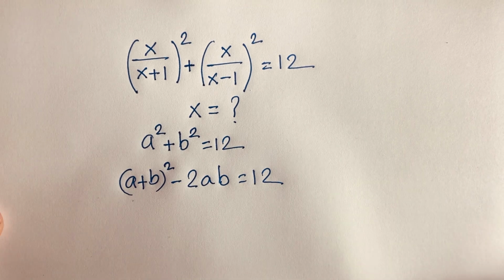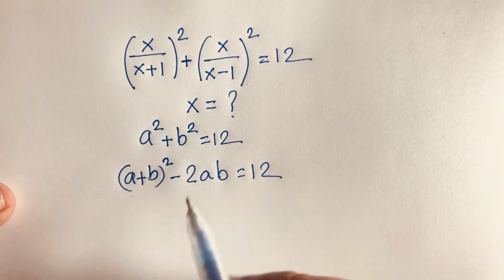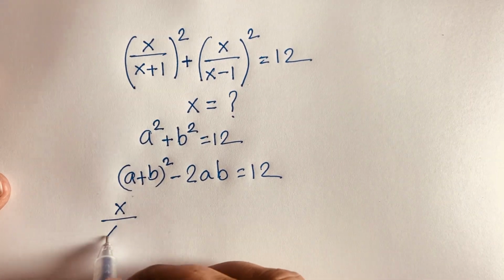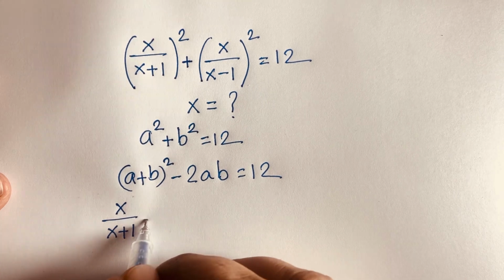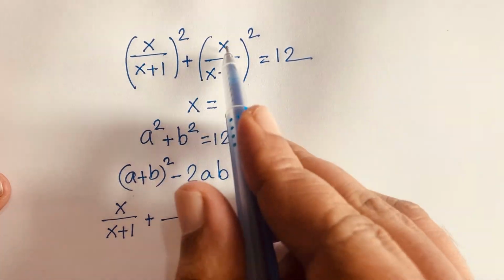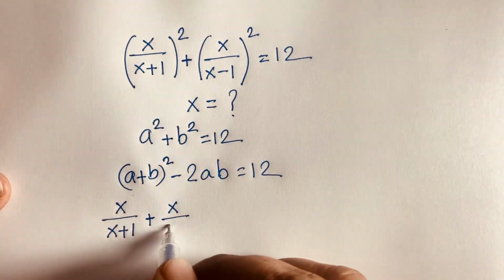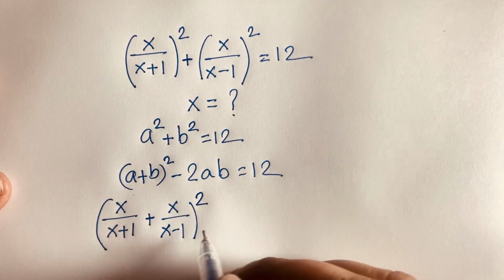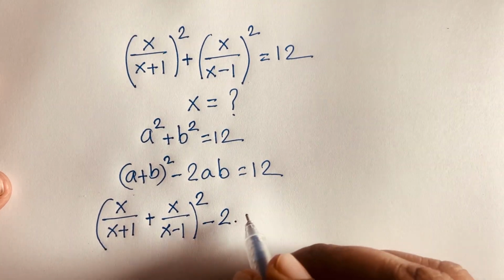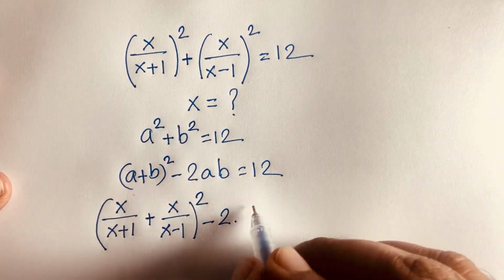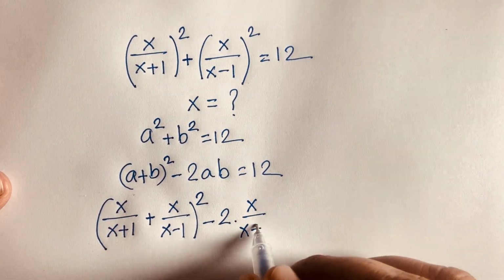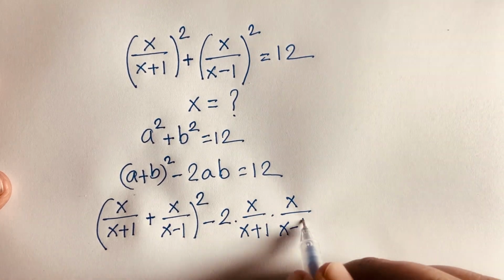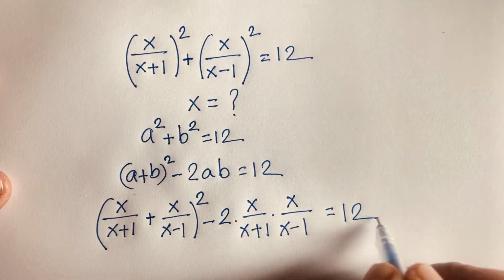Then remember that a is equal to x/(x+1), so it will be (x/(x+1) + x/(x−1))² − 2 times a, which is x/(x+1), times b, which is x/(x−1), equal to 12.